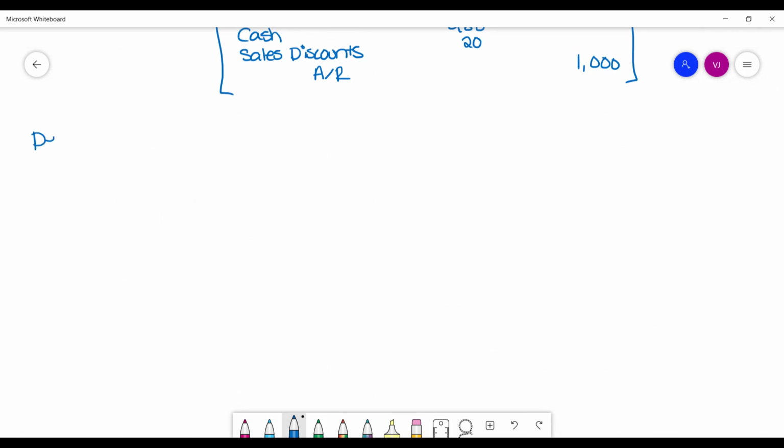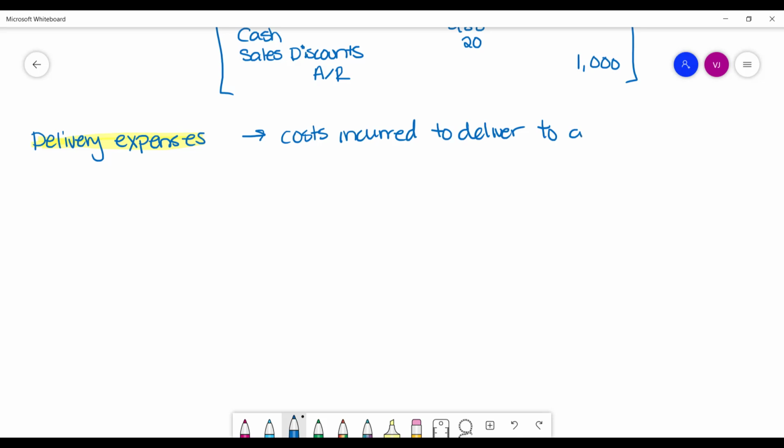All right. What about delivery expenses? So how is this different from transportation costs? Transportation costs are those costs that we incur to get the merchandise that we purchase to us. Delivery expenses involve any cost that a seller incurs to deliver merchandise to a customer.